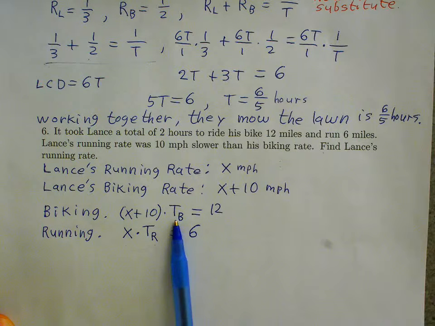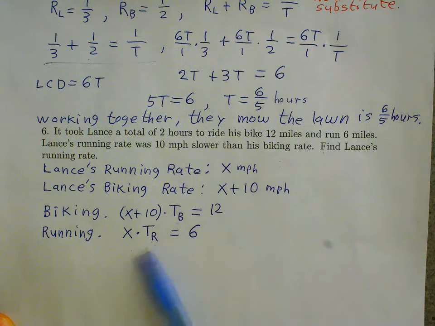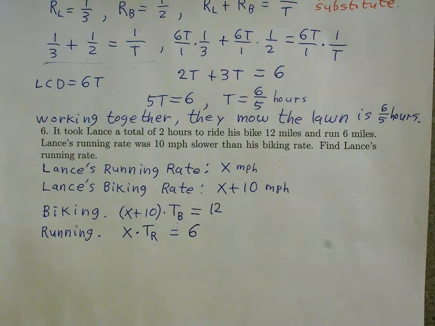We have T sub b representing the amount of time biking. And in the other equation, we have T sub r representing the amount of time running. We want an equation whose only letter or variable is x. So how are we going to do that?